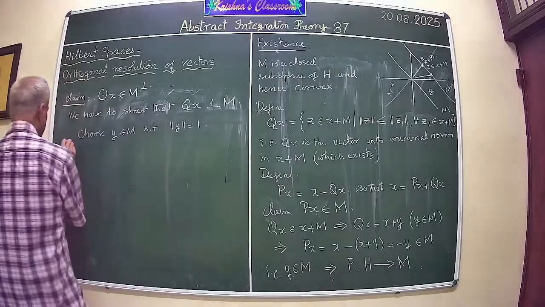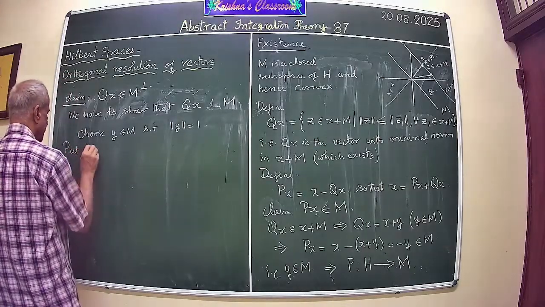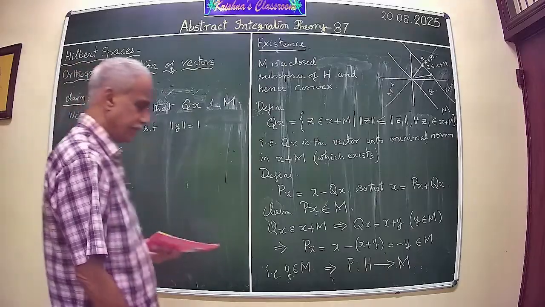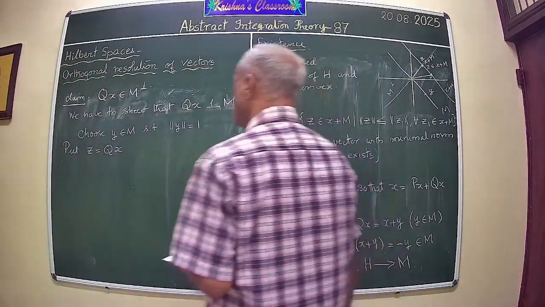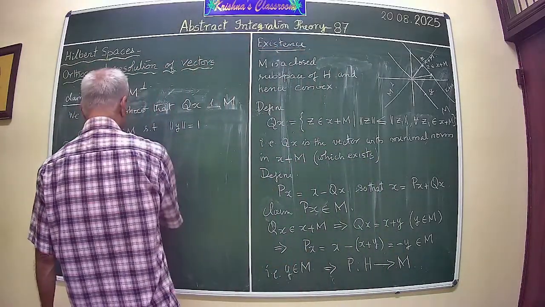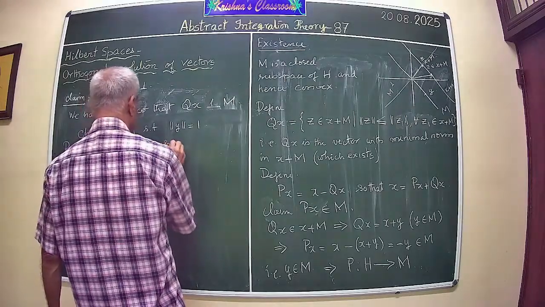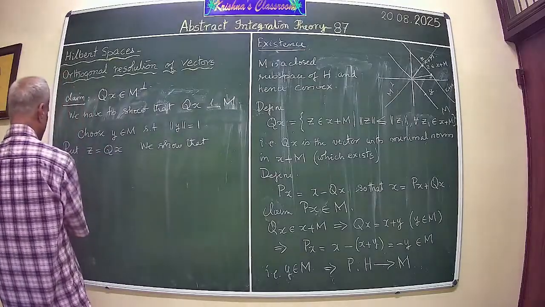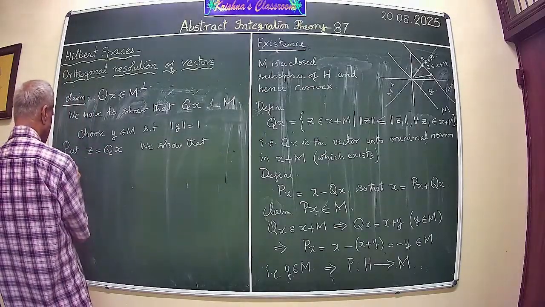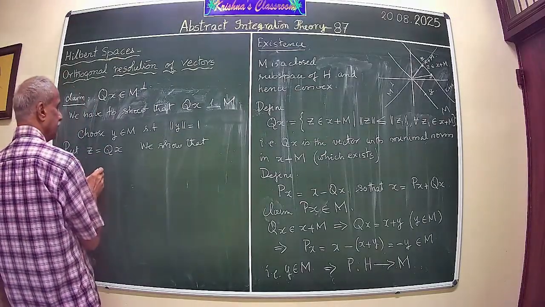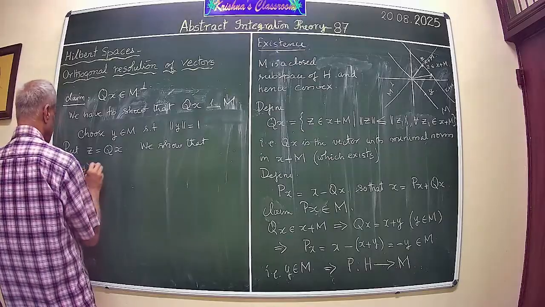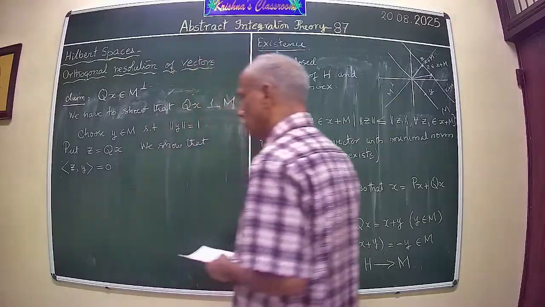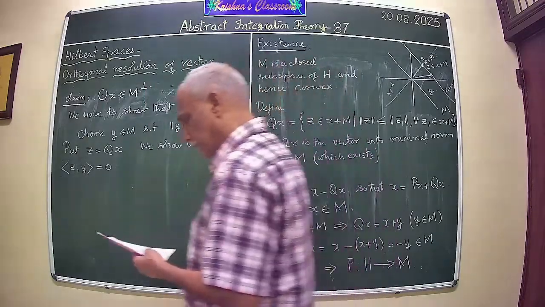Now put z equal to Qx. Now we have to show that the inner product of z with y is zero. That's what we have to show. Okay, so we prove it as follows.